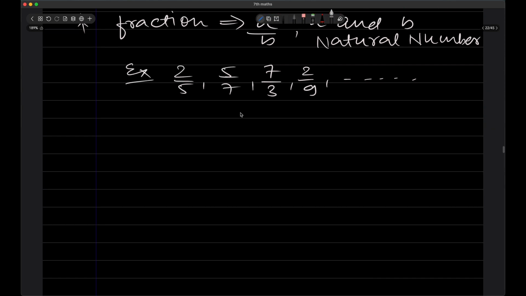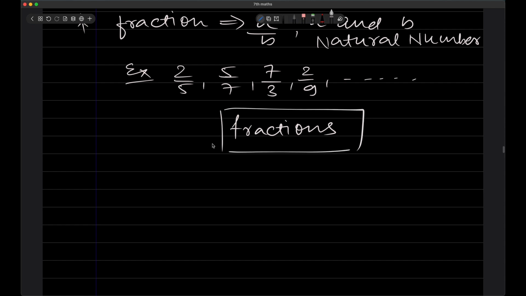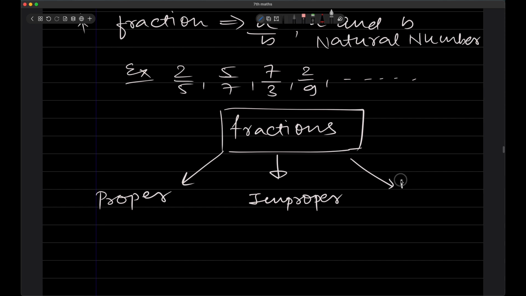Fractions are of three types. Proper fraction, improper fraction, and mixed fraction.